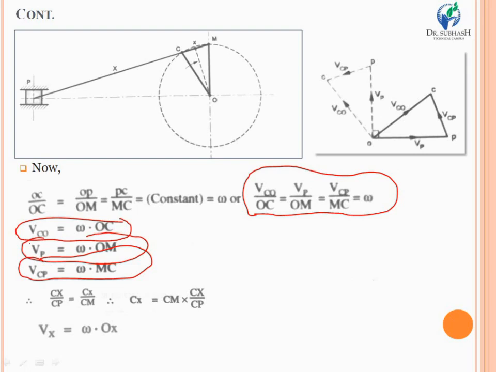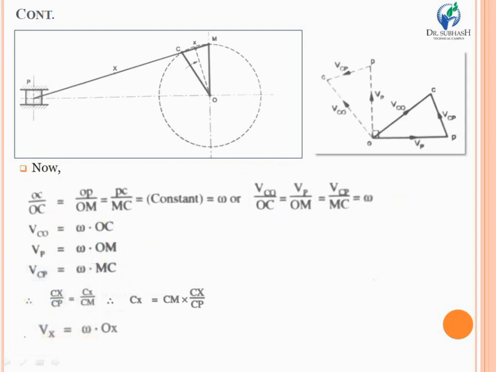So this is how you can determine velocity components by using simply the Klein construction. Again, if you wish to calculate the velocity of any point on the connecting rod PC, it can also be calculated by using the Klein construction method.